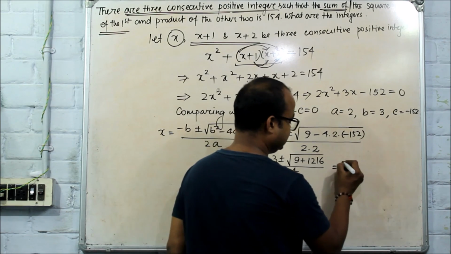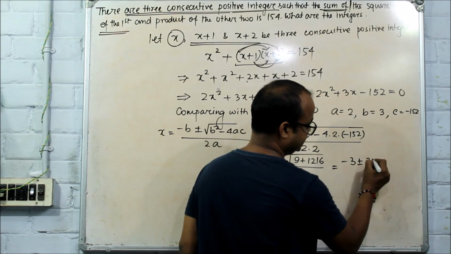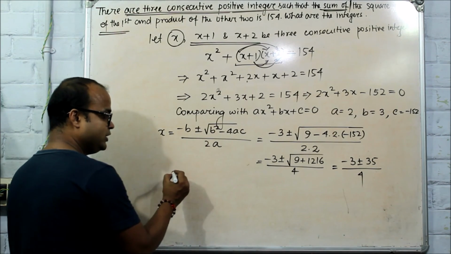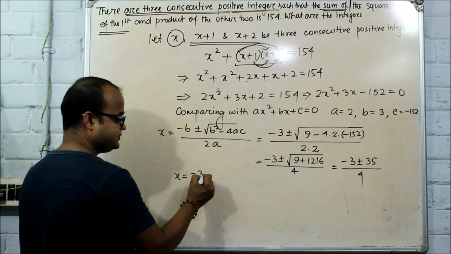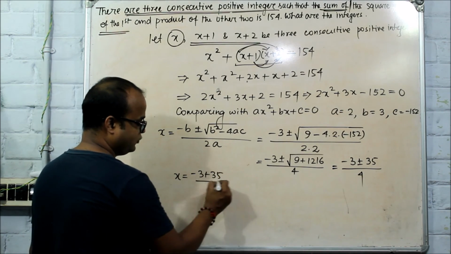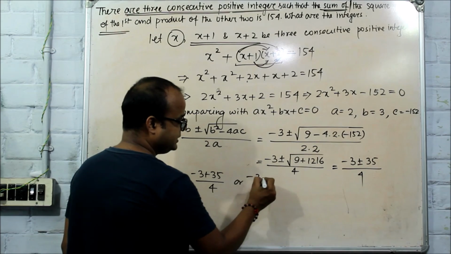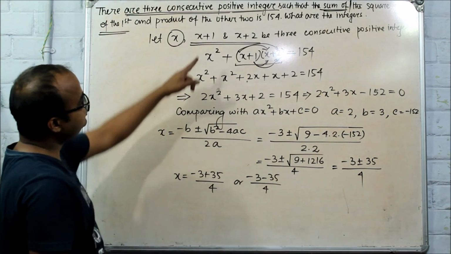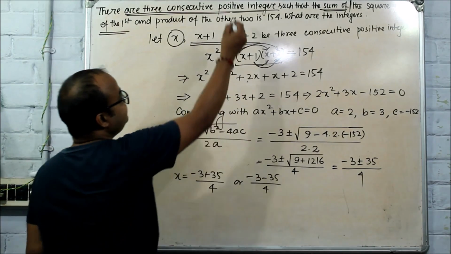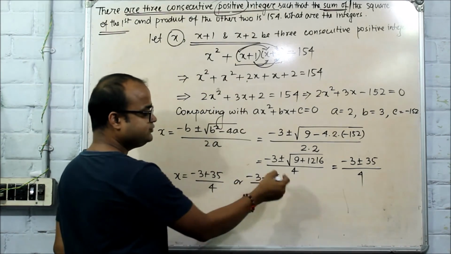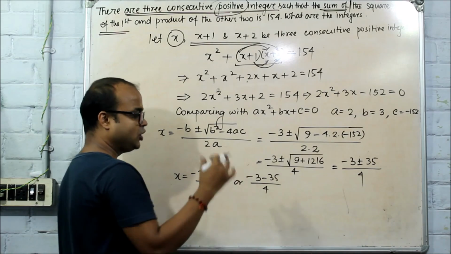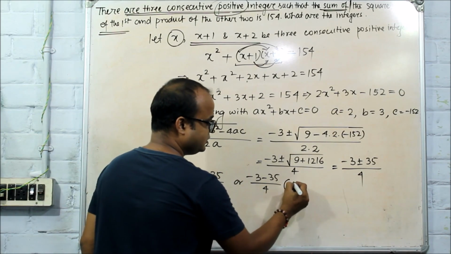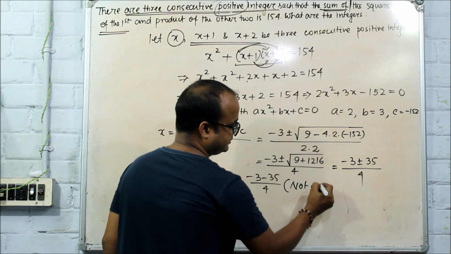So we write minus 3 plus minus 35 by 4. So the two values of x are minus 3 plus 35 by 4 or minus 3 minus 35 by 4. Now we have to find the positive integer. This will give you a negative, whether integer or not, so we write it is not applicable.